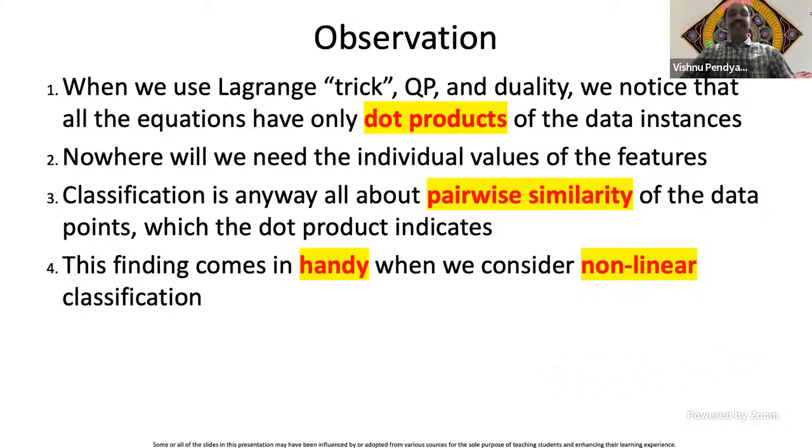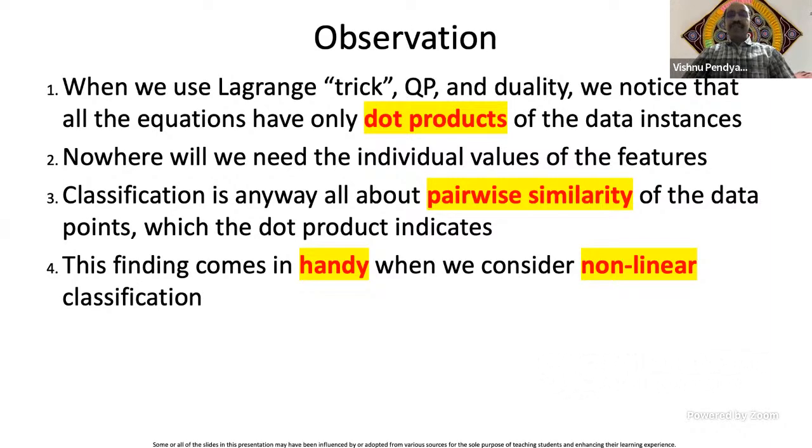So classification is anyway about pairwise similarity, right? That's what we do in any other classification algorithm also. The key idea is similarity, right? So this finding really comes in handy when we consider nonlinear support vector machines.